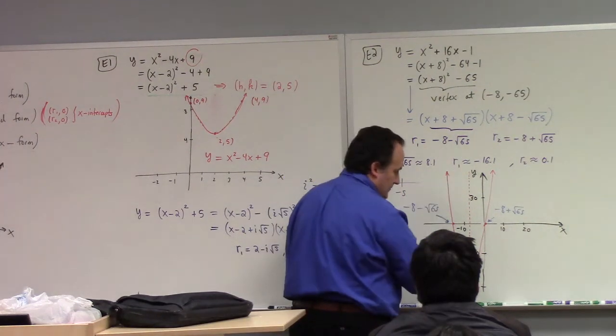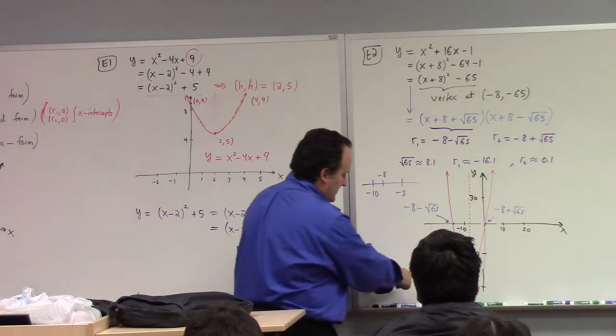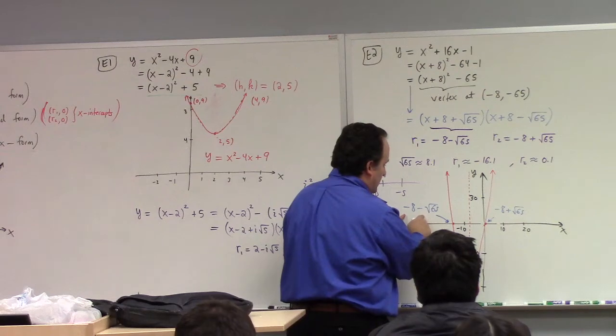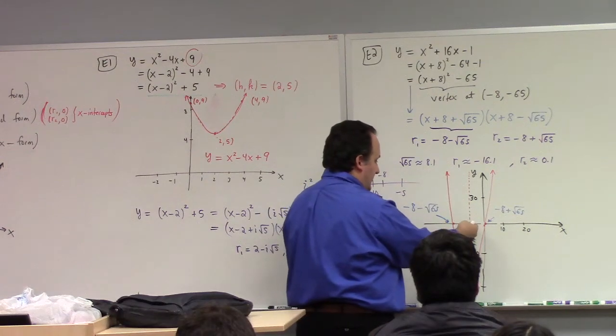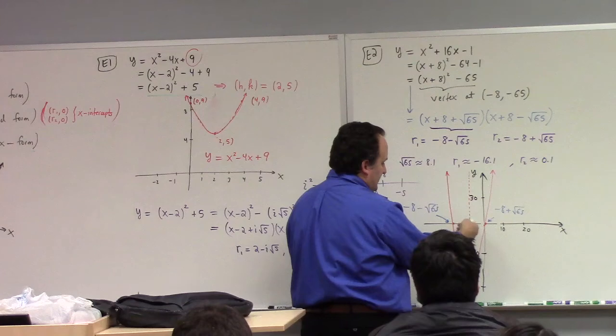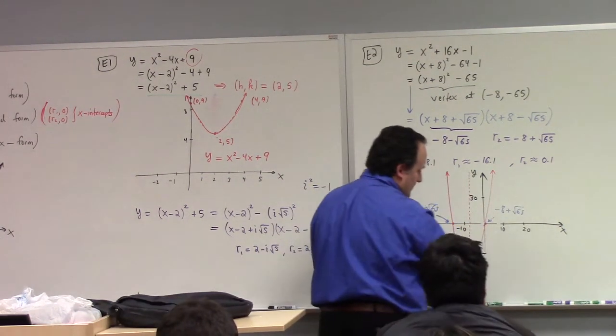Just how, like the point -8, no, the one above it. Is that one supposed to be to the right of -10 too, because it's -8 minus square root? Well, it should be to the left of minus 10 because it's minus 16, so it's like over there. Oh, okay. Whereas that one's about 0.1, so I think it's okay.